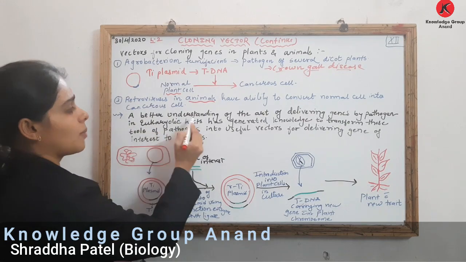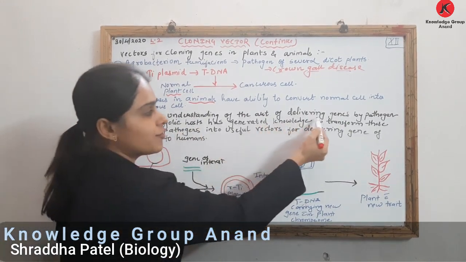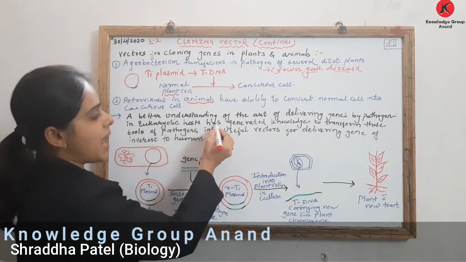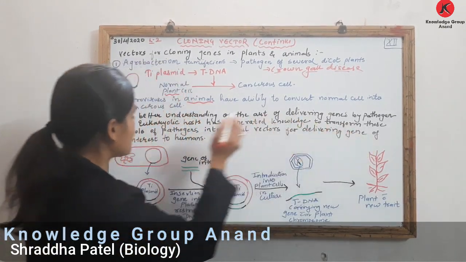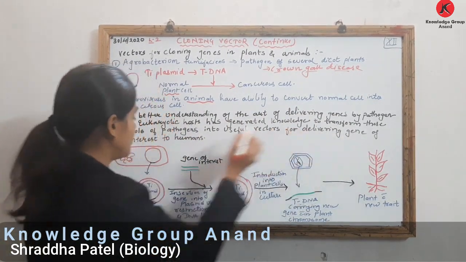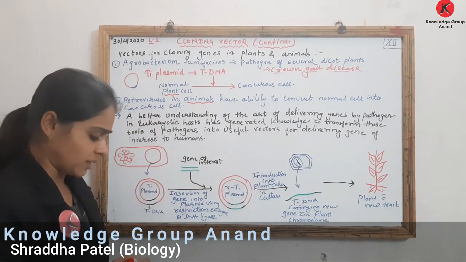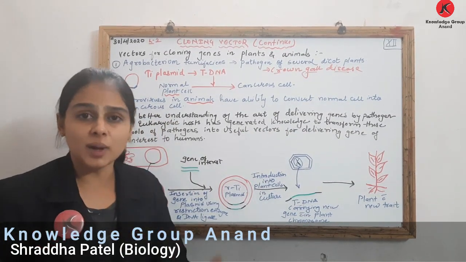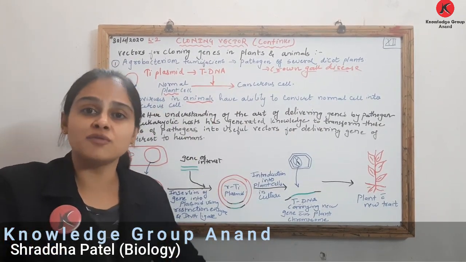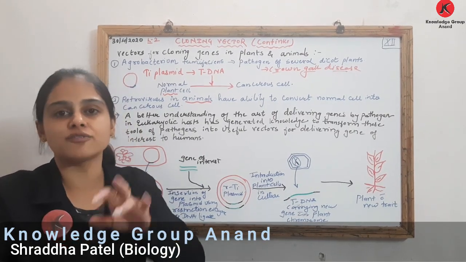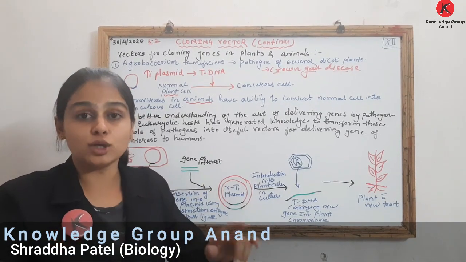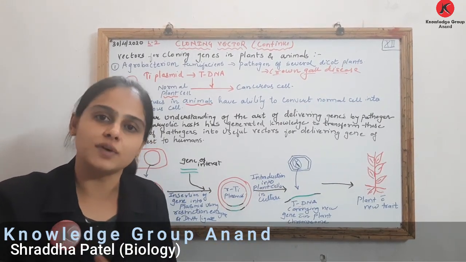let's understand better: the art of delivering genes by pathogen in eukaryotic host has generated knowledge to transform these tools of pathogens into useful vectors for delivering gene of interest to humans. Simple meaning is, we have understood their art of delivery, how they are responsible for causing tumor, and we have modified that to deliver gene of our interest.